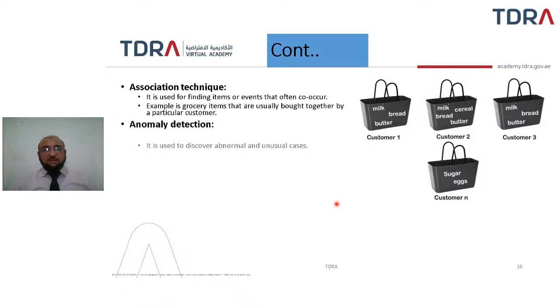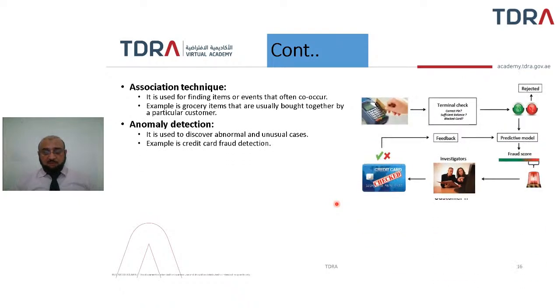Then anomaly detection. It is used to discover abnormal and unusual cases. An example is credit card fraud detection. Here, a terminal check is done, then the predictive model will provide the fraud score.